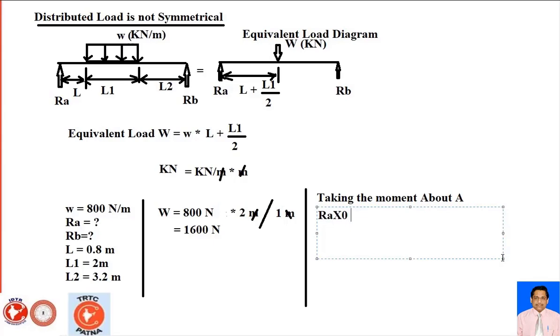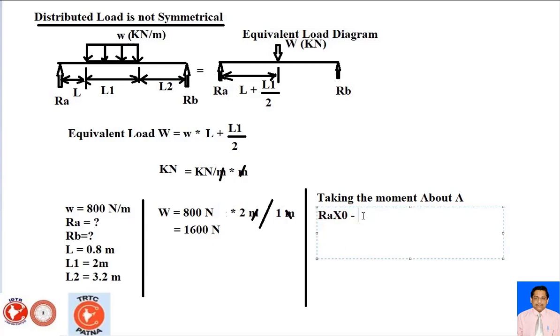Then after that, the downward direction, so I will say here the minus, and what is the total distance? L plus L1 by 2. So L is our 0.8 and L1 by 2 is my 1. That means here 1. So total distance is our 1.8.